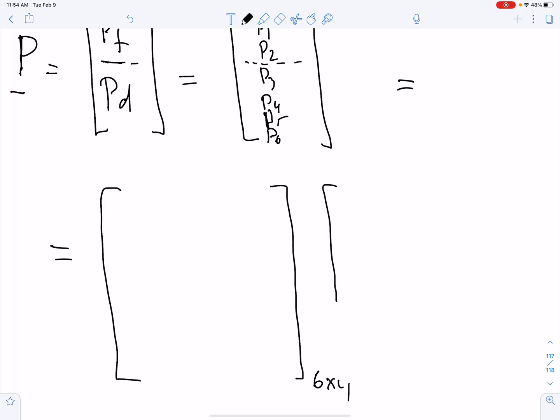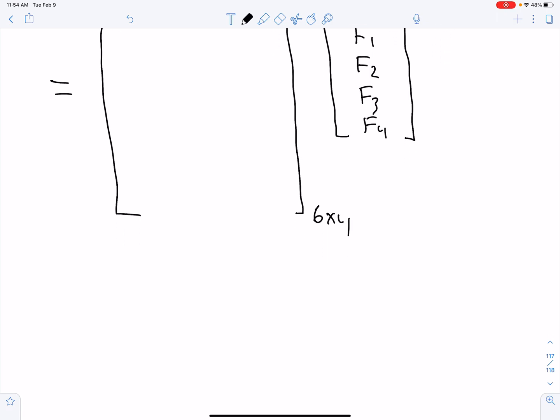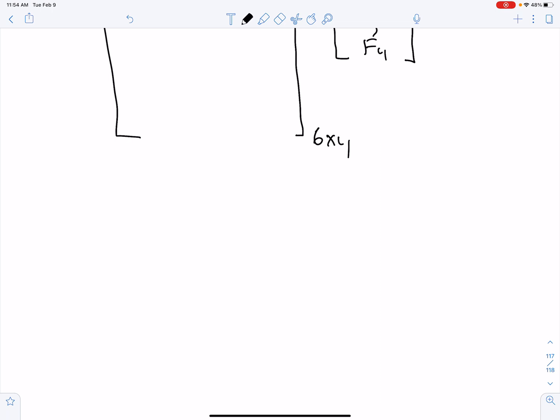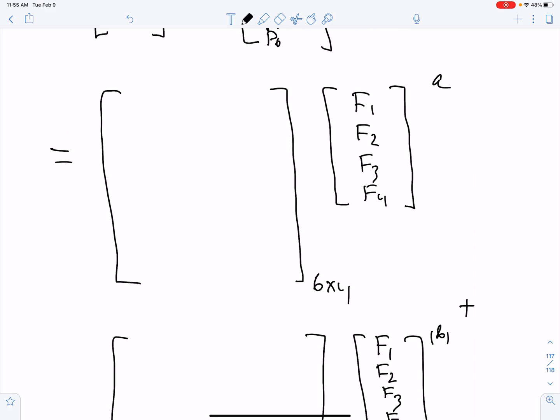First, we're going to write down the ones coming from element A: F1, F2, F3, and F4. And next, we'll add the contribution coming from element B: the same 6 by 4 matrix times F1, F2, F3, F4 coming from element B, like this.